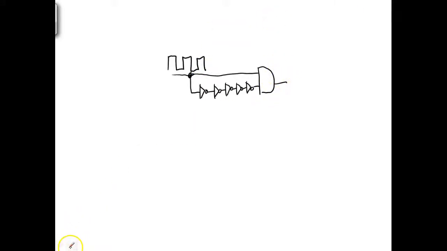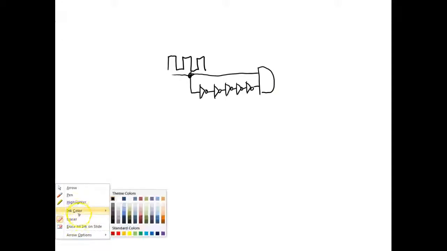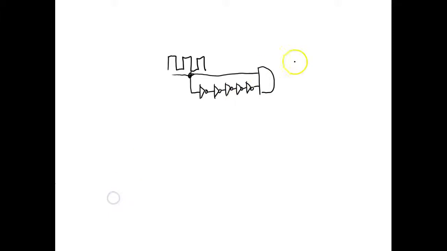That's supposed to be an AND gate. An AND gate. So what would we expect on the output?